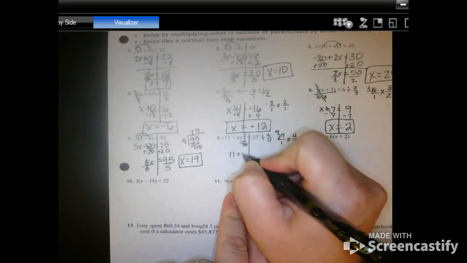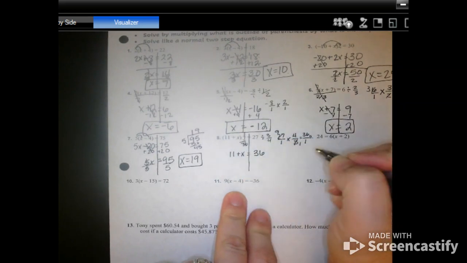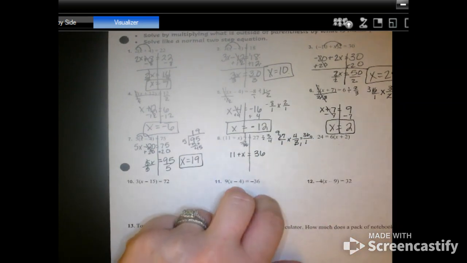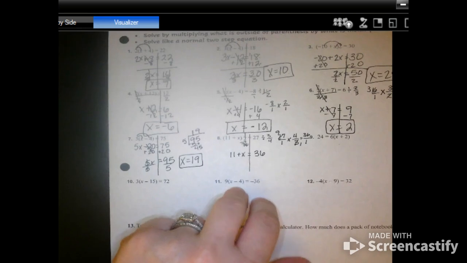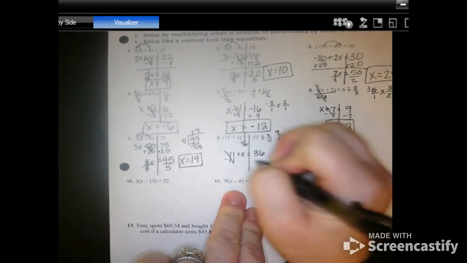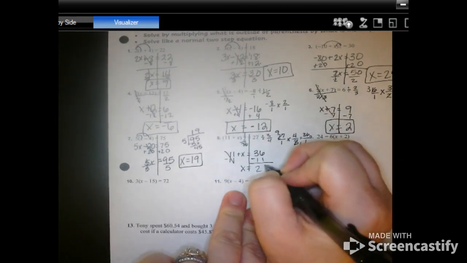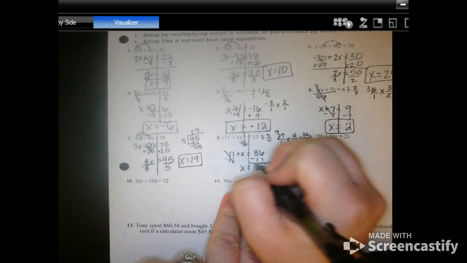Okay, so I have 11 plus x equals. All right, then what? Okay, I subtract 11. X is equal to what? 25.